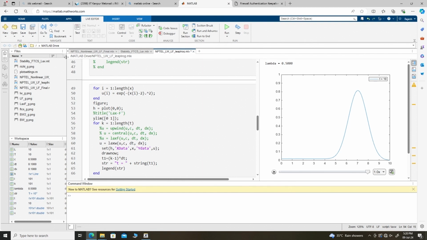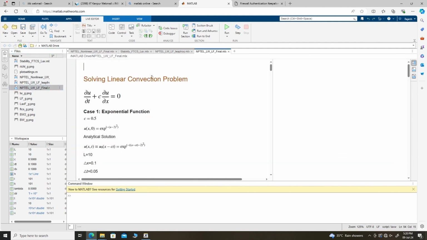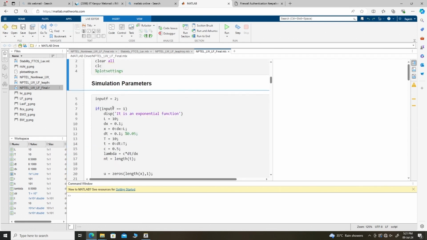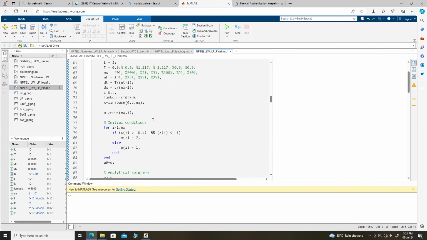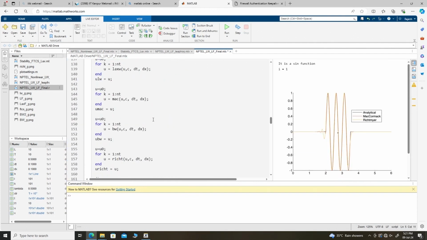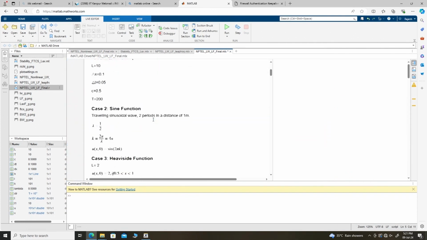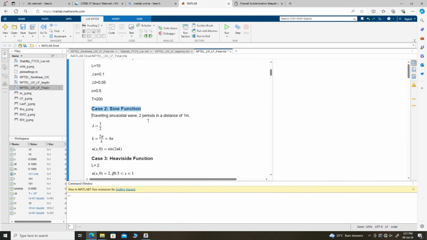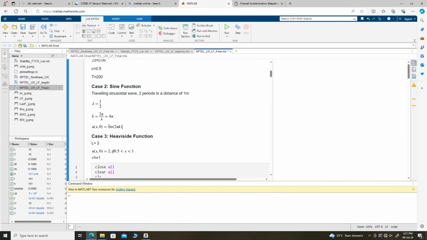Now let us show you some relative plots. I will use this same example, but I will show all the plots together. I have some more cases. In the last one we only showed the exponential function, but I also have the sine function here, which is sine 2 pi k x.